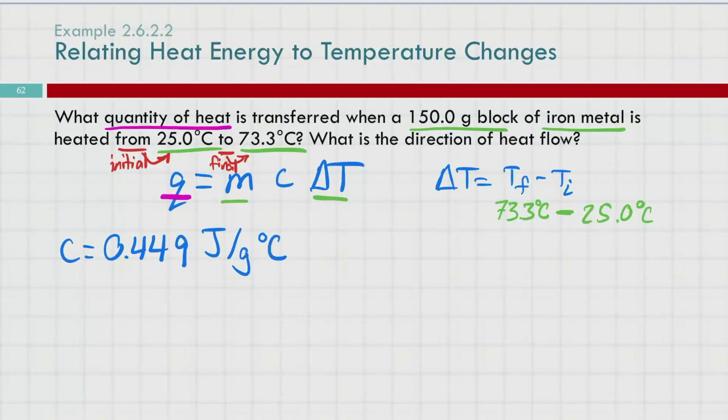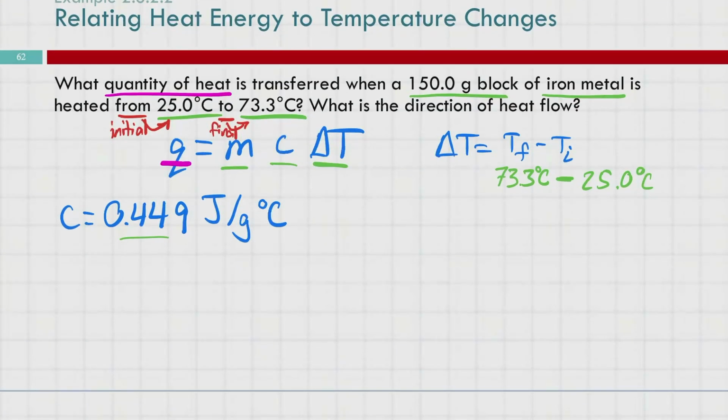All right, now we have all of the pieces, all the parts to solve this problem. The first thing that we'll want to do is find our delta T. So delta T equals 73.3 minus 25.0.